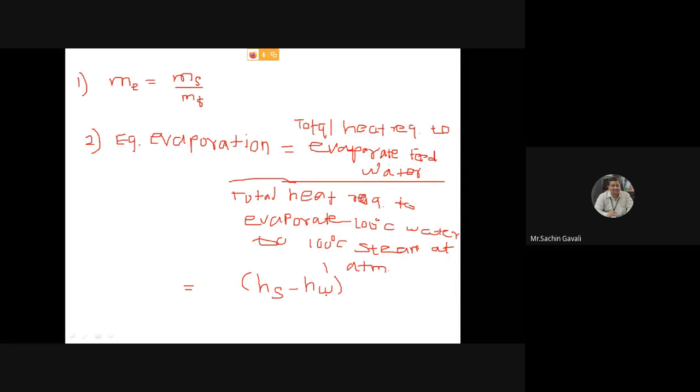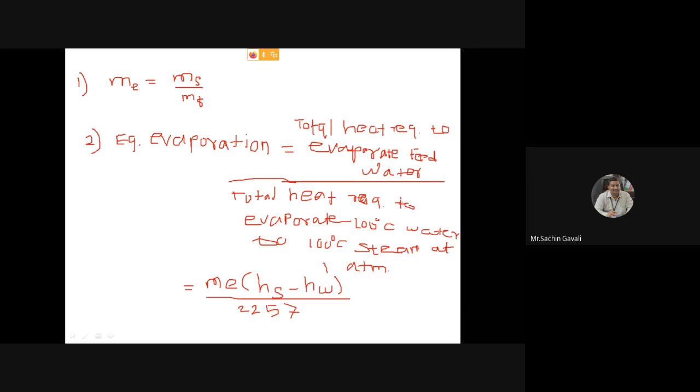That is the amount of heat the water has taken in the boiler to evaporate into steam, and therefore the formula will be ME, the evaporative capacity, into Hs minus Hw, divided by 2257. What is this 2257? It is the latent heat of water at 1 atmosphere and 100 degrees Celsius.